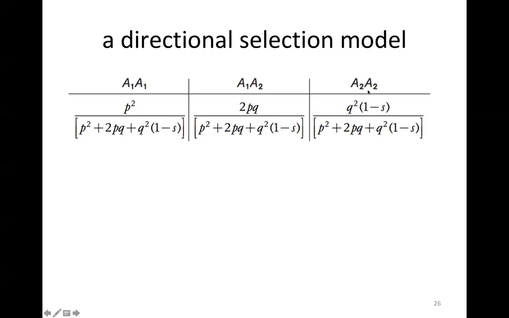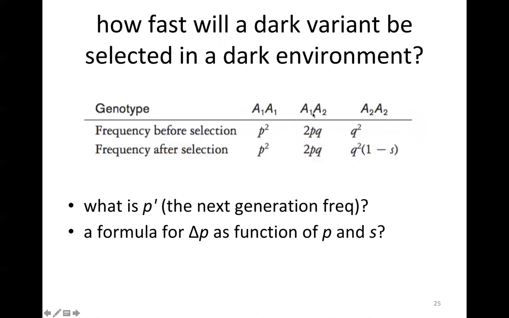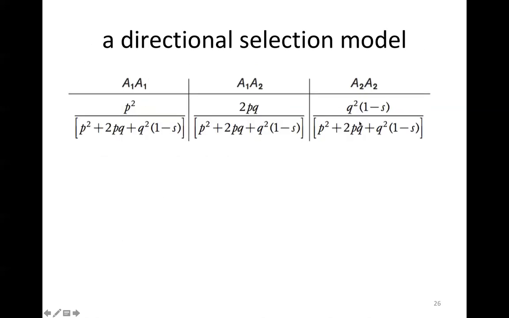And the frequency of A2A2 individuals will be Q squared times 1 minus S, again divided by the same denominator, of course, for all of them. But it's different from the initial frequencies. These are the altered post-selection frequencies.